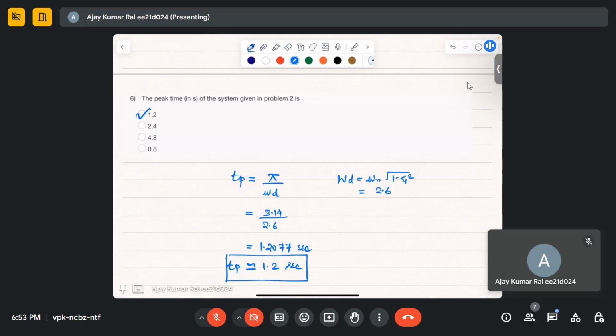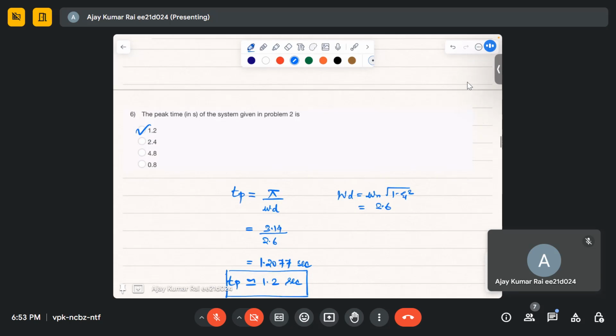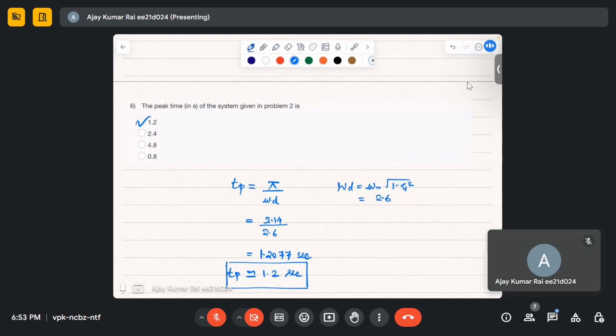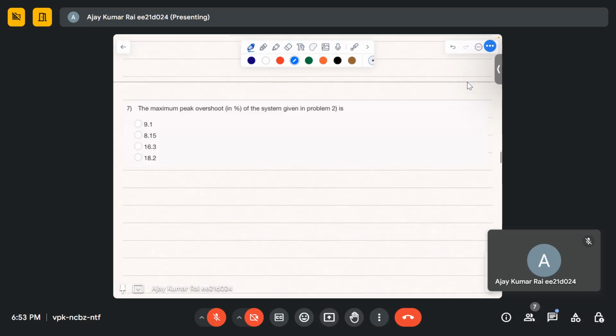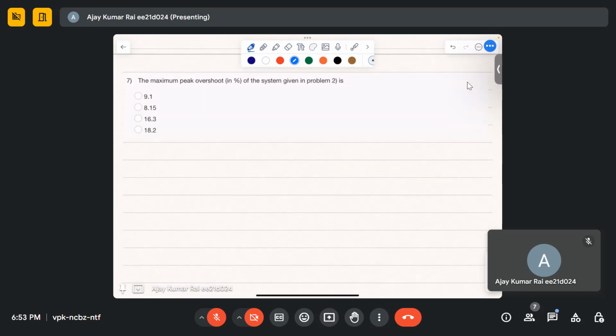Any doubt? We are just using the formula and getting the answer. The derivations are already covered in lectures. Again, for the same transfer function, we have to find the maximum peak overshoot of the system.